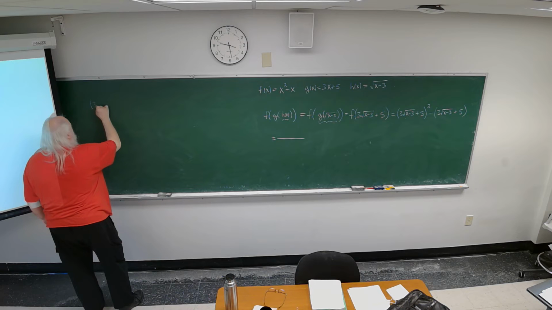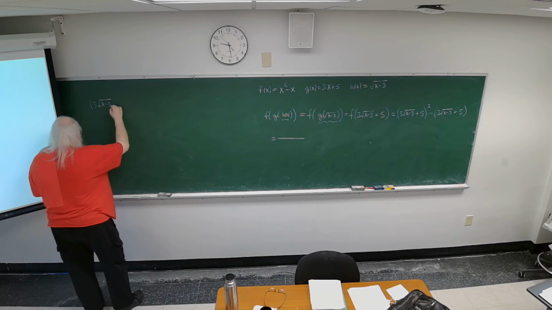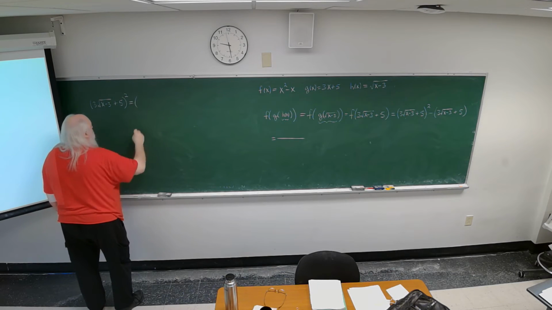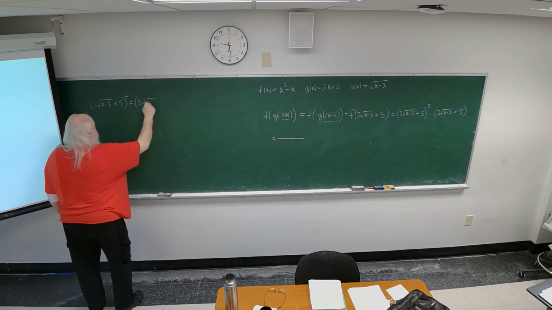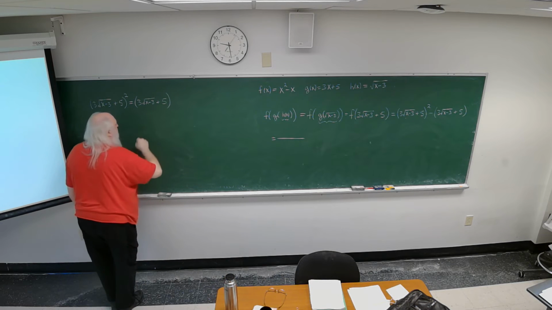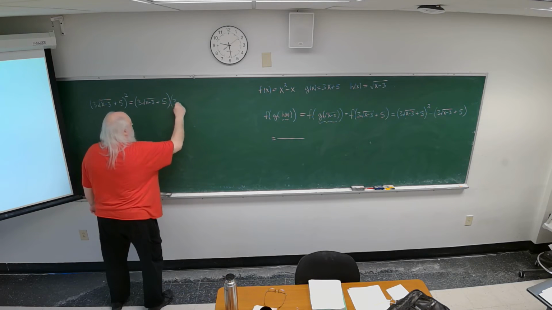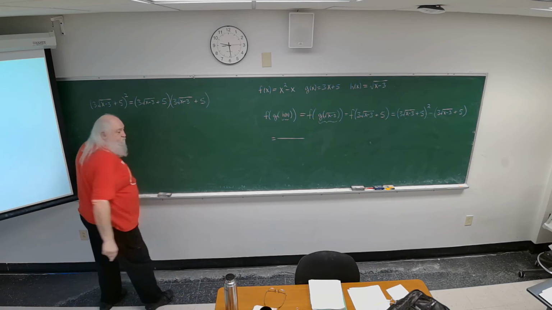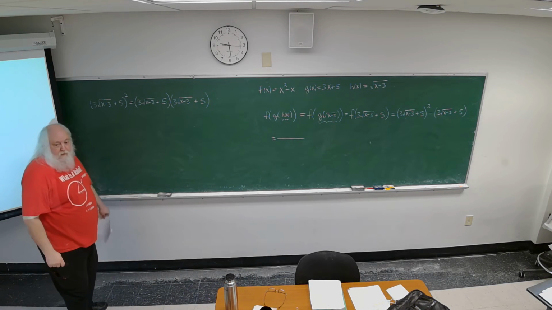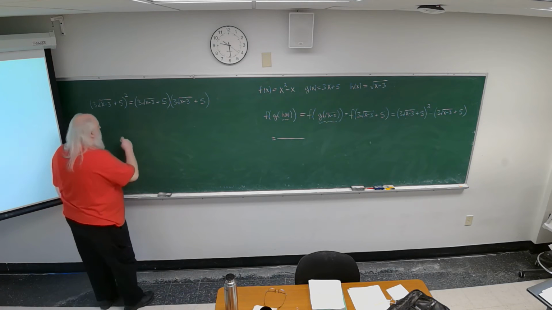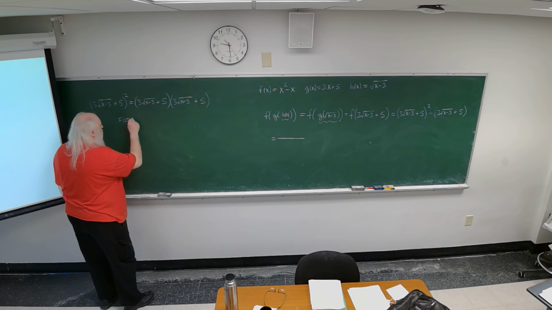So we have 3 times the square root of x minus 3 plus 5, squared. So that's 2, right? So we have 3 times the square root of x minus 3 plus 5 times itself. Right? That's what squaring means, right? You multiply something by itself. And now the FOIL, right?